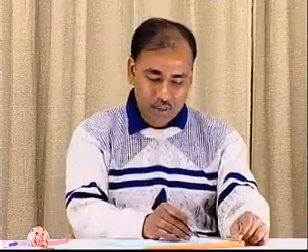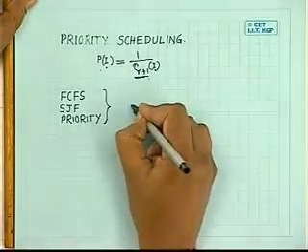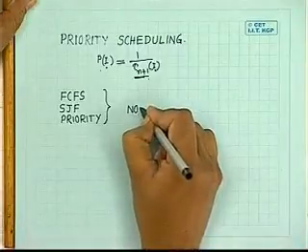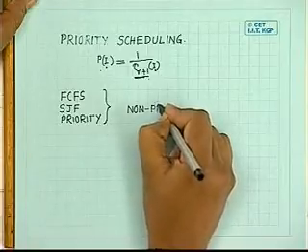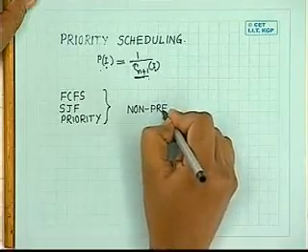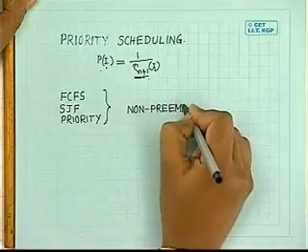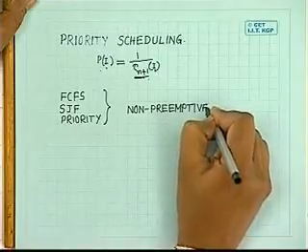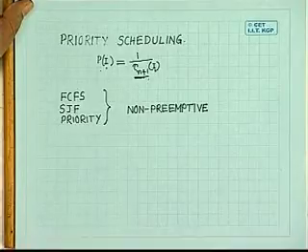Okay? So these three CPU scheduling techniques are normally known as non-preemptive scheduling. Okay. So these are non-preemptive CPU scheduling techniques.